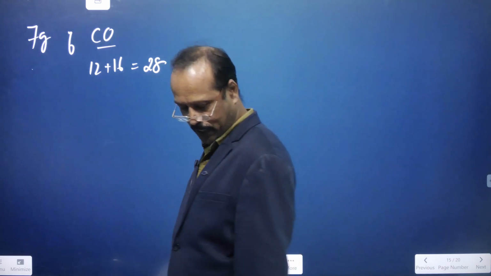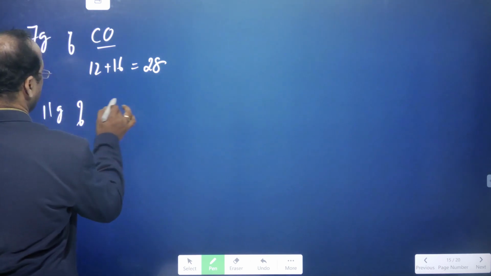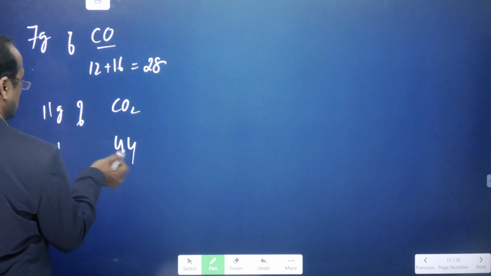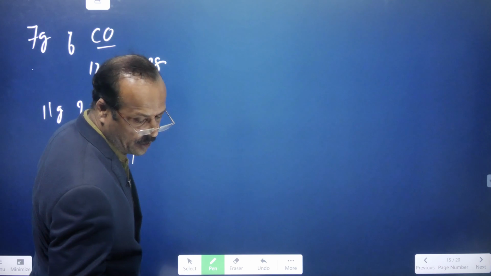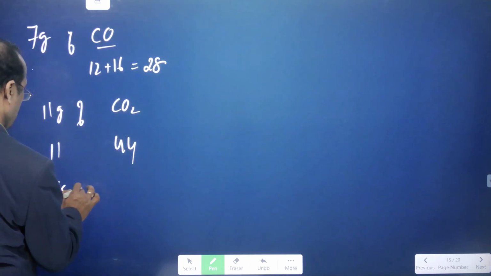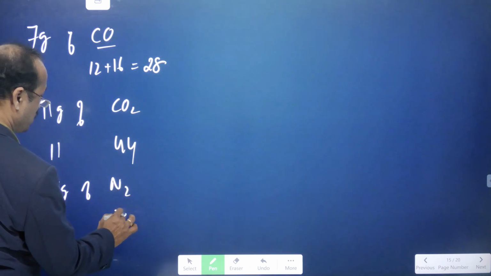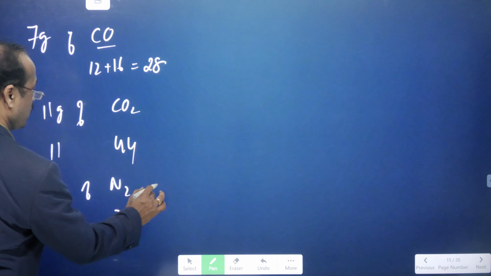The second option will also be correct because 11 grams of CO2 is given. Carbon dioxide is 44, so 11 divided by 44, you will get 1 by 4 only. Third one is given 7 grams of N2. Nitrogen is 14, so N2 is 28. If you divide 7 by 28, you will get 1 by 4 only.